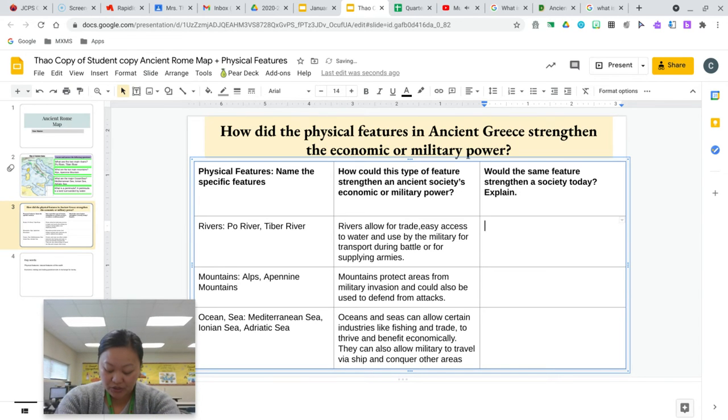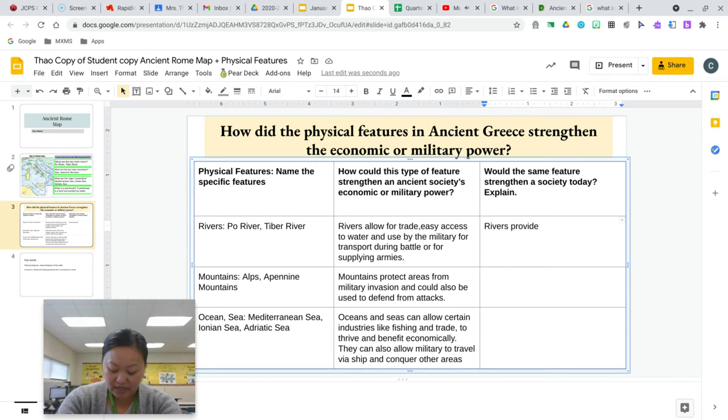Your answer could definitely be that rivers still provide economic growth, don't get me wrong, for agricultural purposes. But we won't use them for military and battles like ancient Greece did.